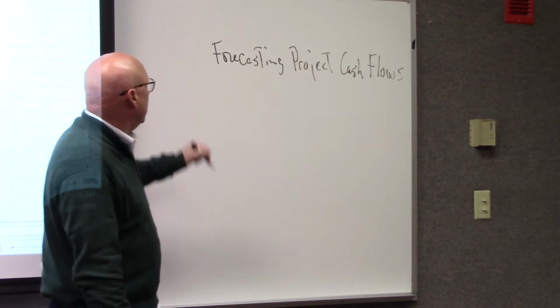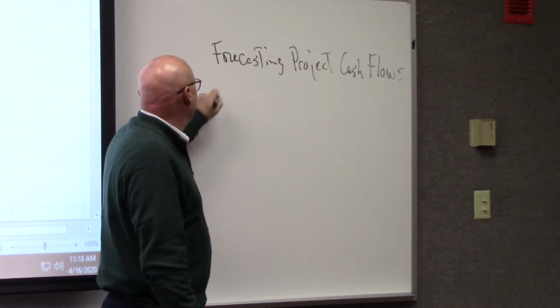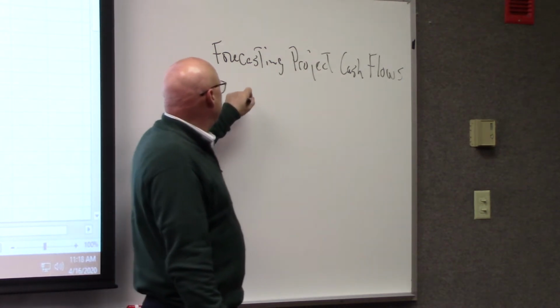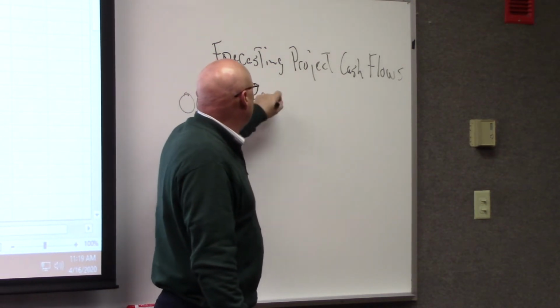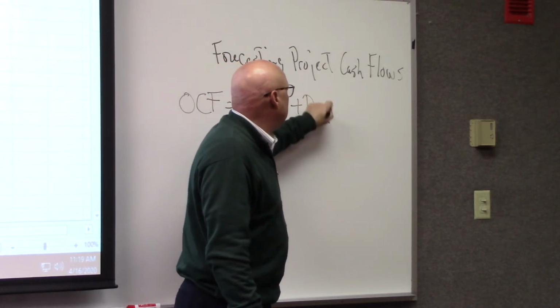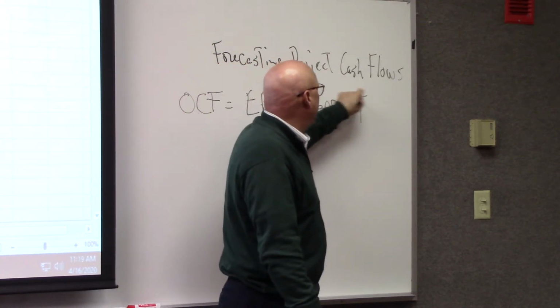The first thing we have is what we call OCF, or operating cash flow, and that's equal to EBIT plus depreciation, which is EBITDA, minus taxes.